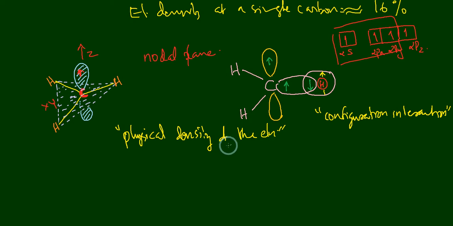From that mere idea, we have to move away to another idea. By saying electron density, we have to understand that it is not just the physical density of the electron. It is the influence of the electron at a remote place.